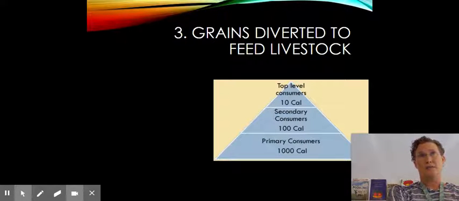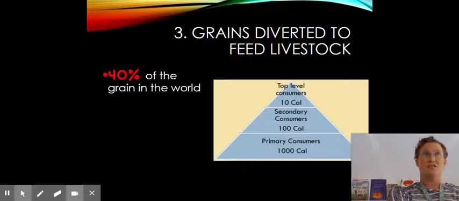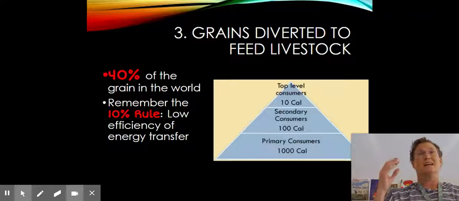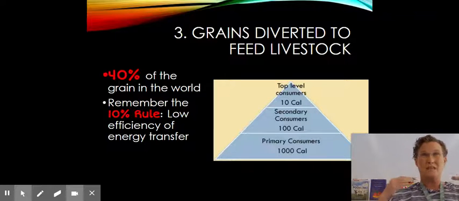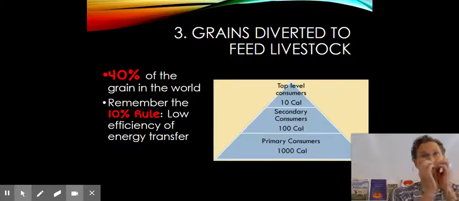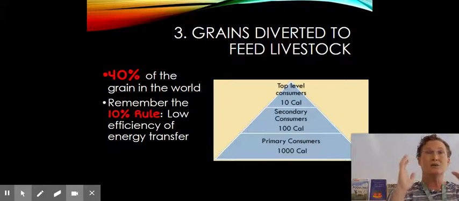Now, a third thing is that we divert grains to feed livestock. So 40% of the grain in the world is used to feed animals. And if you remember that 10% rule, every time you move up the biomass pyramid, you only transfer 10% of the food. So it's true that we could feed many, many more people in the world if we all ate grain.